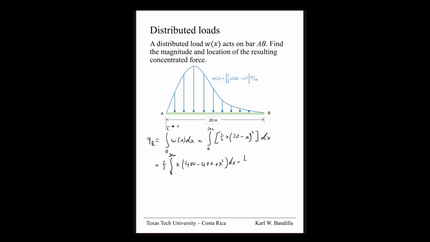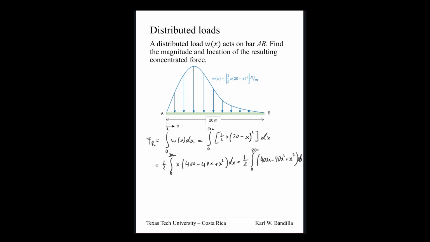And if we pull in that x in the front, we would get 400x minus 40x squared plus x to the third, dx.